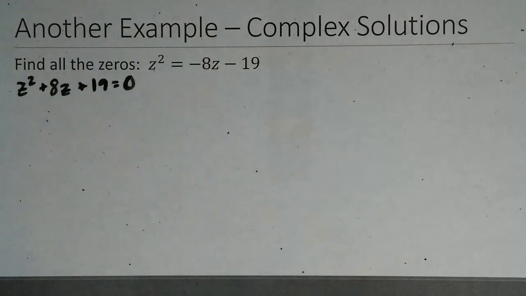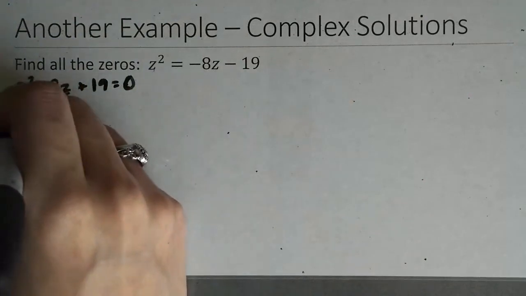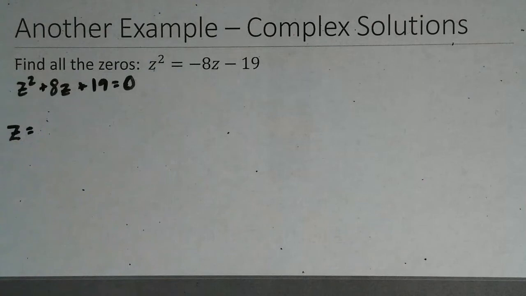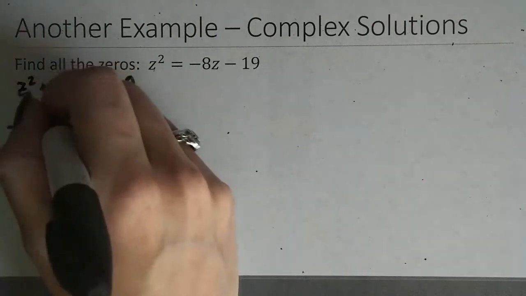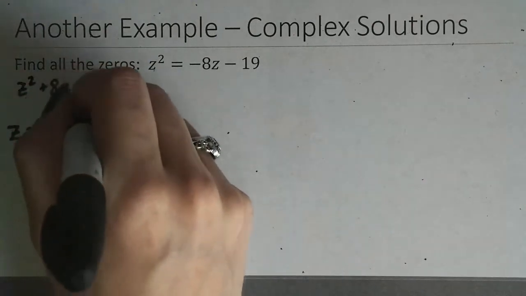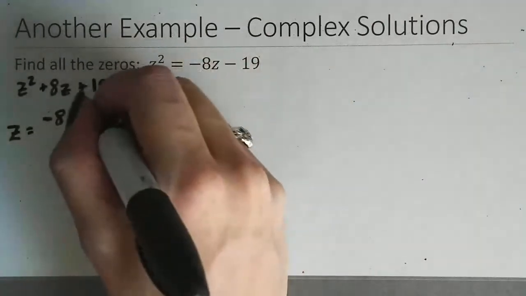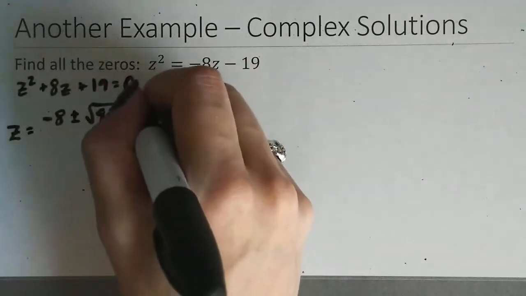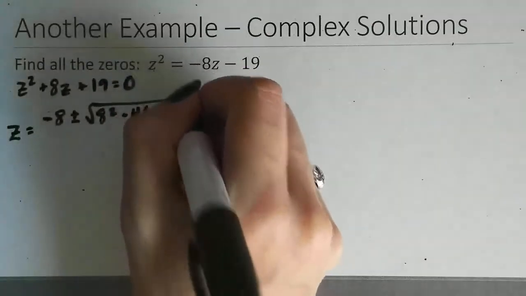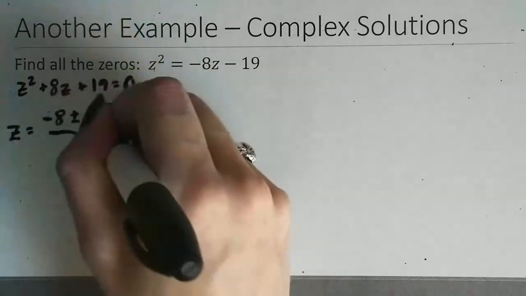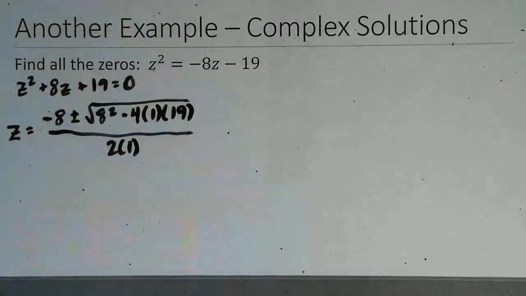Then I can go ahead and use my quadratic formula. Instead of x equals, it's going to be z equals because that's our variable. This time we'll have negative 8 plus or minus the square root of 8 squared minus 4 times 1 times 19 all over 2 times 1.